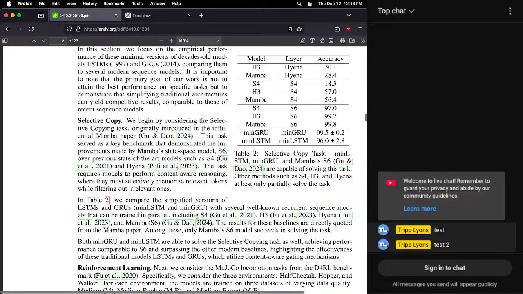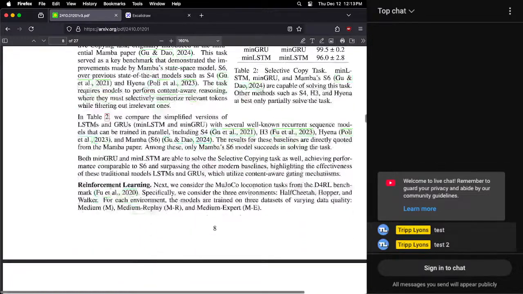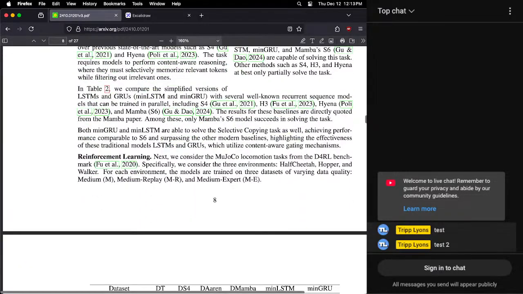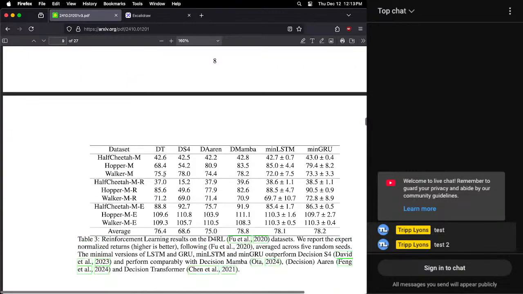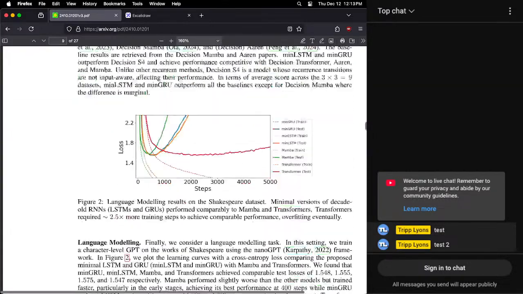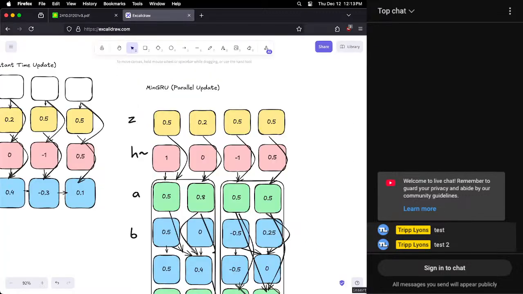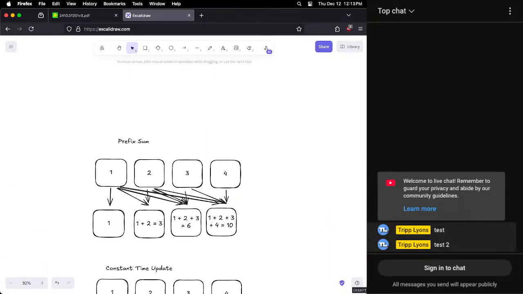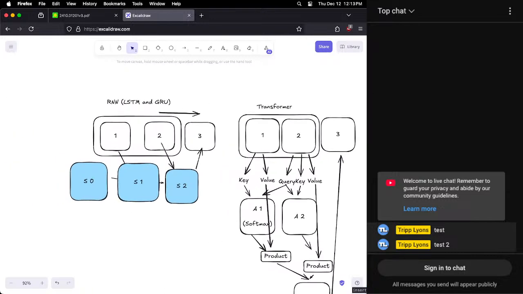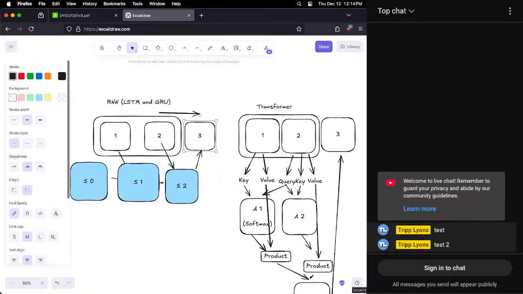And their method outperforms it in some ways. Okay, I'm gonna skip through this. Okay, this is the main thing. They consider language modeling task. This would be, again, using these outputs as predictions for the next token.